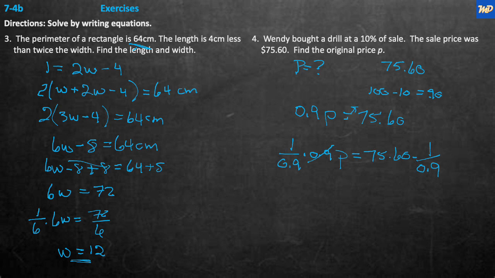Well, the 0.9s cancel, and you're left with P equals 75.60 divided by 0.9, and that comes out to 84. Okay, P equals $84. That was the original price.